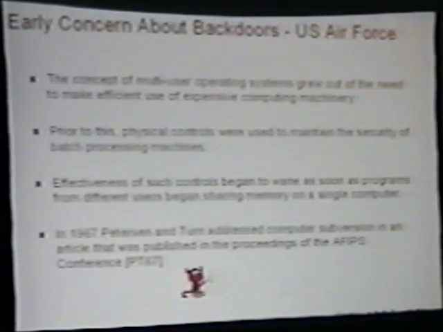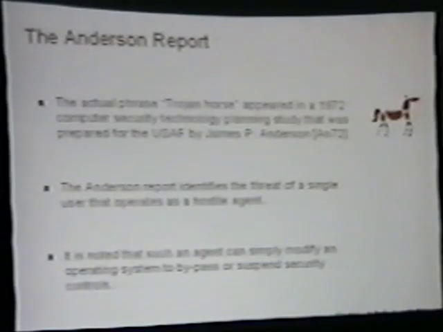And so as a result, Peterson in turn addressed the possibility of computer subversion in the proceedings of the AFIPS conference, where they specifically were talking about malicious software. The actual phrase Trojan horse appeared in the famous James P. Anderson report.